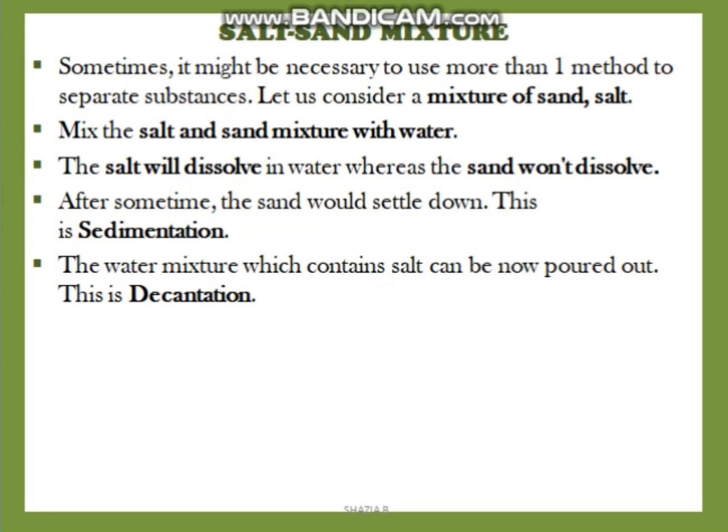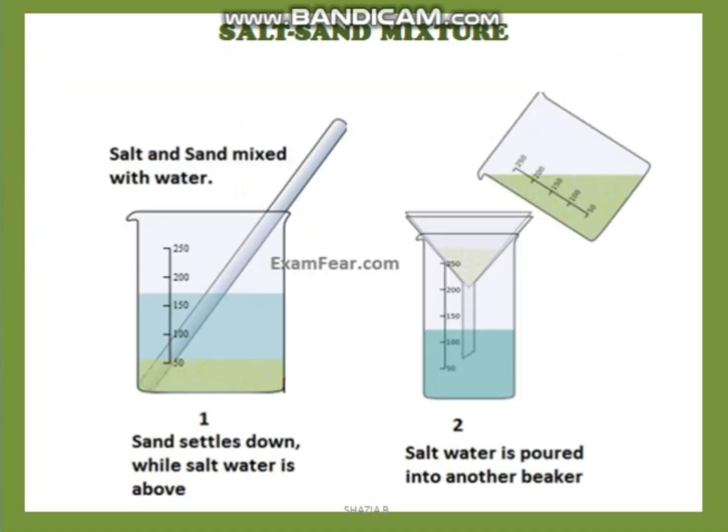So for this we make use of more than one process, that is sedimentation and decantation. As we can see here, the salt and sand are well mixed with water. Stir it well and let the beaker be undisturbed for some time.